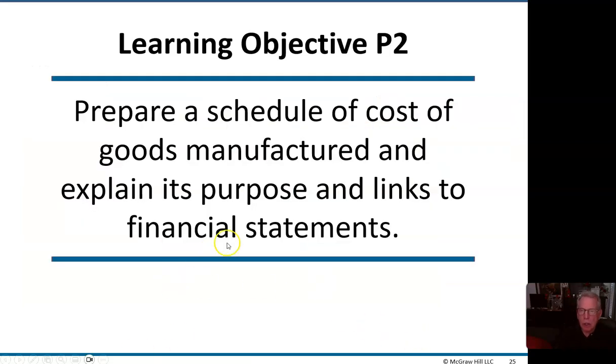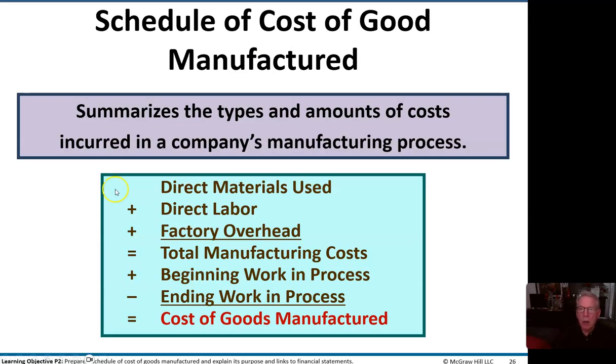Now let's take a look at preparing a schedule of the cost of goods manufactured and explain its purpose and links to the financial statement. Here, this is a summary of the types and amount of costs incurred in a company's manufacturing process.